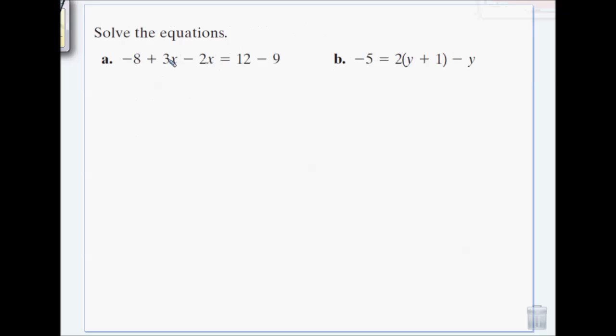We have stuff going on each side of the equal sign. Before we start adding and subtracting things from side to side, we have to combine all our like terms on one side first. That's very important, because otherwise you get this big giant mess of stuff.